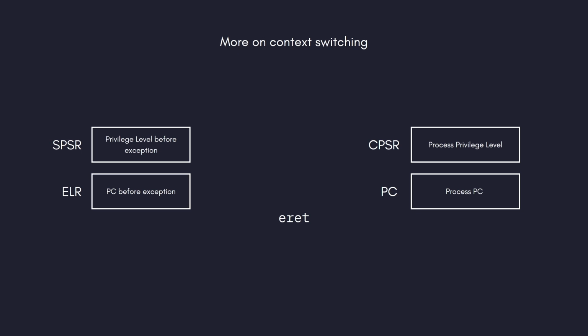So when we're in an exception and we're doing context switching, we don't interact directly with the CPSR or with the PC. We interact with the saved register and the link register, and then those get stored automatically into the correct ones when we return from the exception.